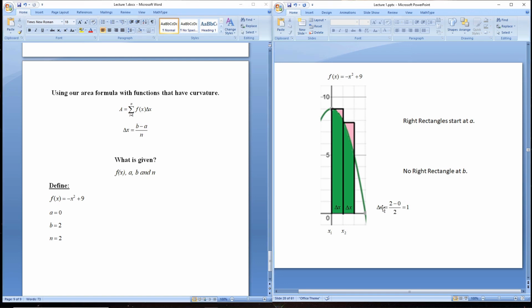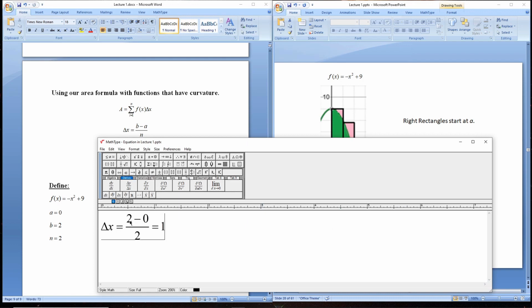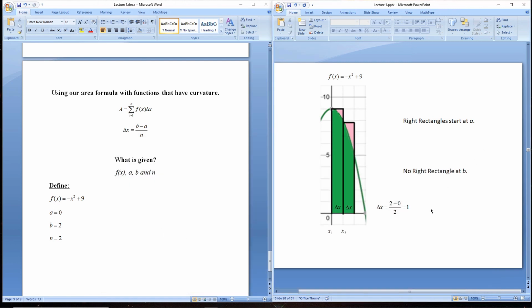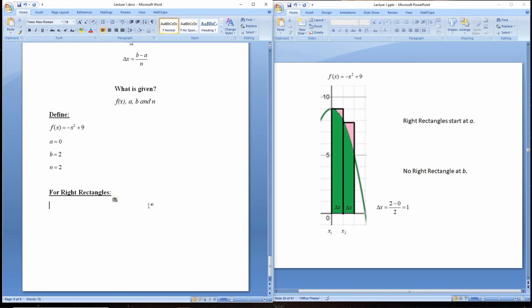So if we look at that, we know that b is 2, we know that a is 0, and we're going to use 2 rectangles, that's n. And so we get a delta x of 1. That's what we had to figure out from our information given: what delta x is.